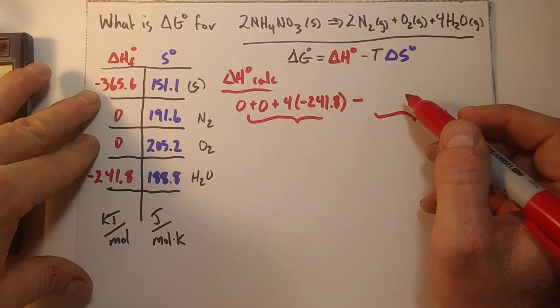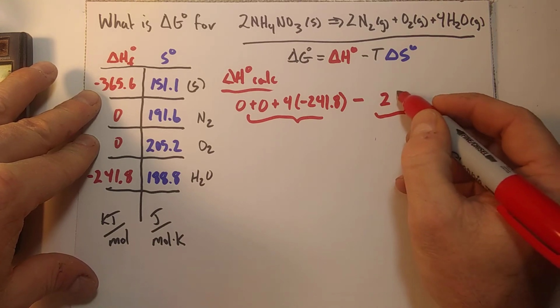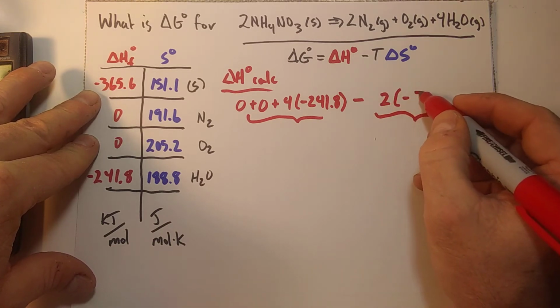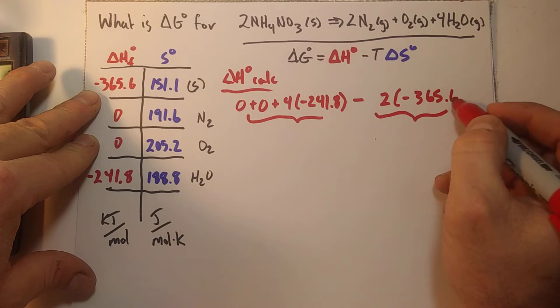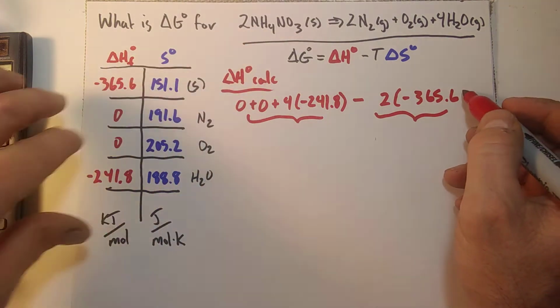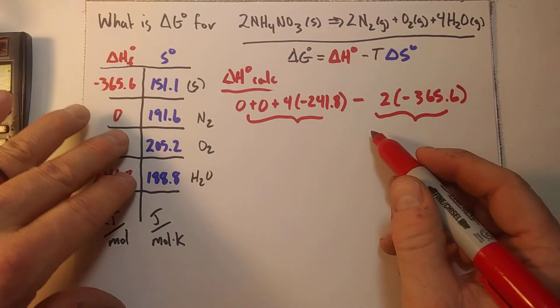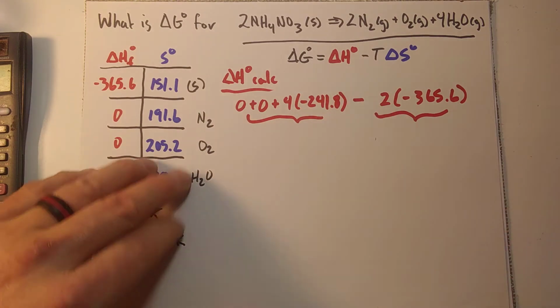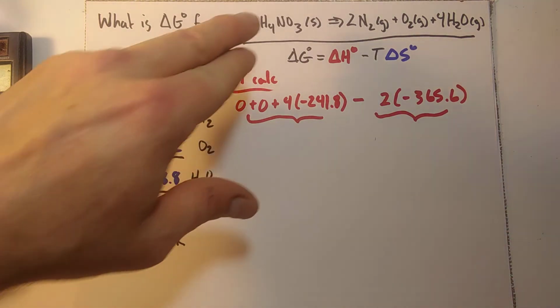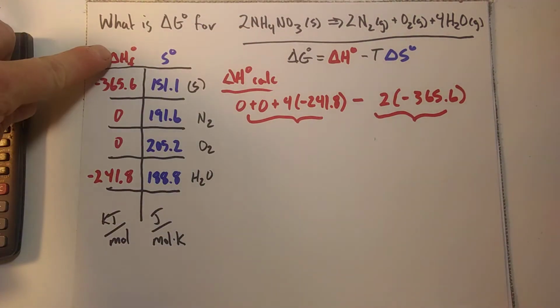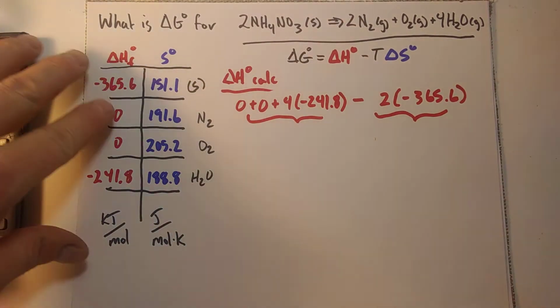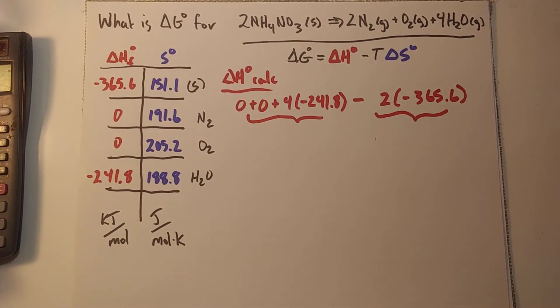That would be minus 2 times the minus 365.6, because that's the only reagent we have. And that's our equation for finding the standard enthalpy of this reaction from the standard enthalpy of formation for those reagents and products.